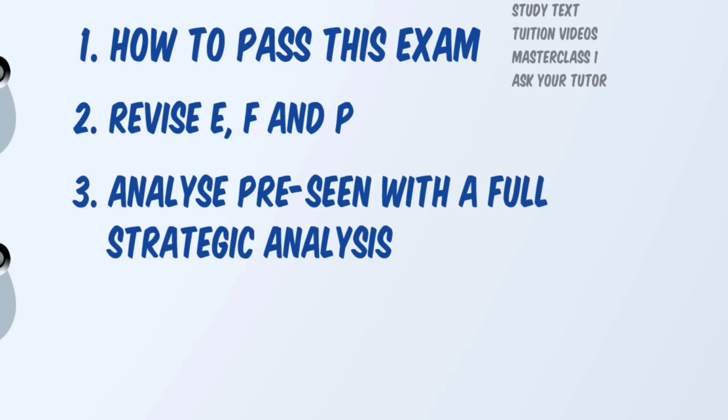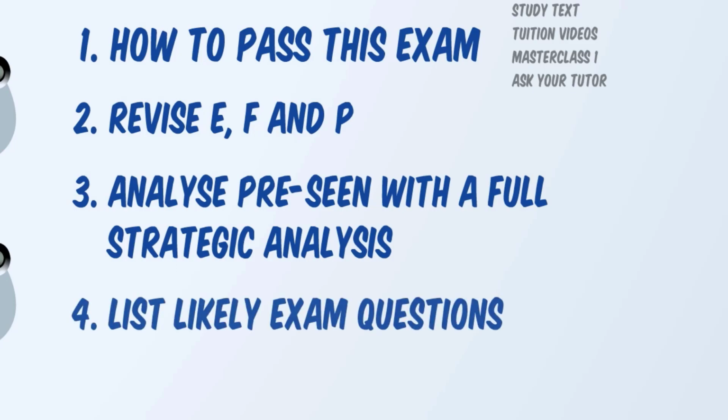So if you think about risks, if you think about funding, if you think about the motivation of staff within the organization, are there any issues over motivation? Are there any risks? Are there any issues with regards to how they're going to be able to source funding for future plans? Using that theoretical information and applying it to the pre-seen is the process you should be undertaking when preparing for the exam.